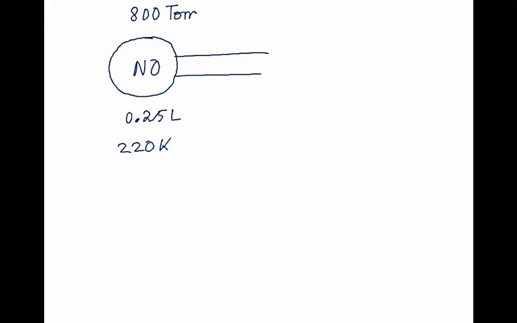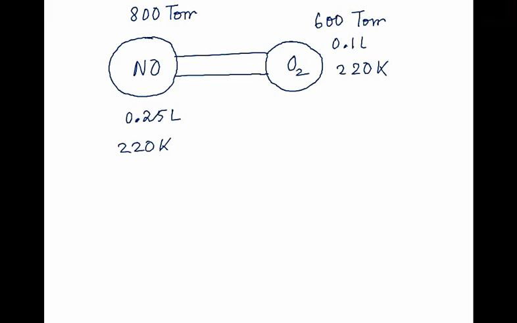One contains NO at 800 torr, 0.25 liter, 220 Kelvin. It's interconnected. The other is O2 at 600 torr, 0.1 liter and 220 Kelvin.